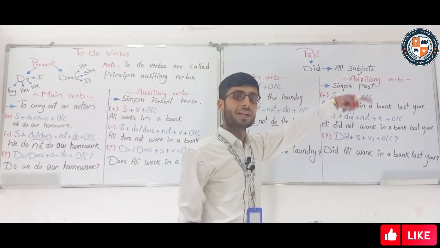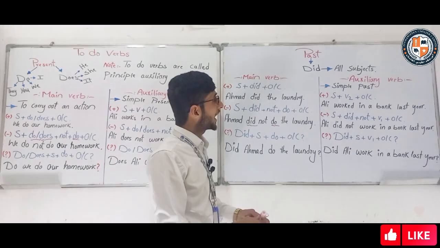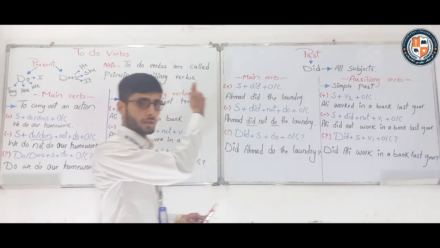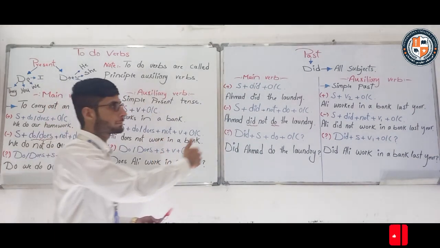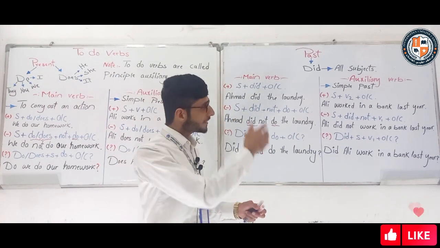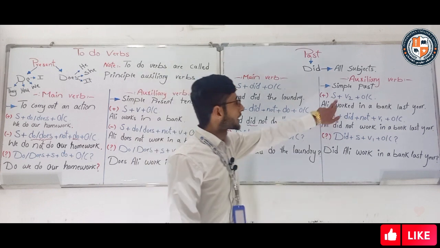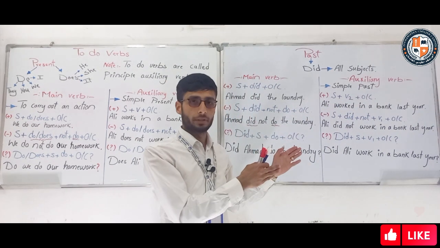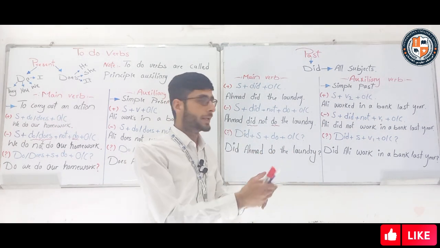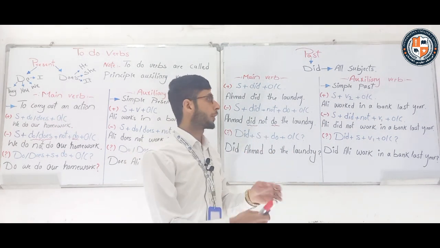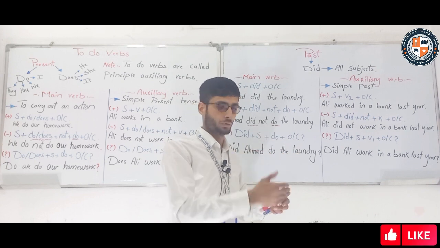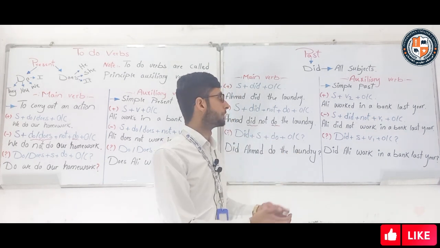How can we use them as an auxiliary verb? As an auxiliary verb, did is used for simple past tense. Do and does is for simple present, but did is for simple past. There's a structure here: subject plus verb, object or complement. In positive form, there is not any did, but in negative form and question form, we should use did to help our sentences change to the negative and question form.